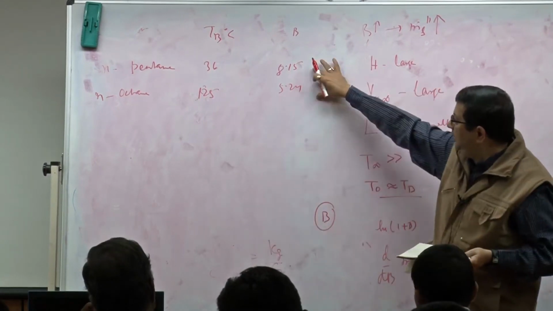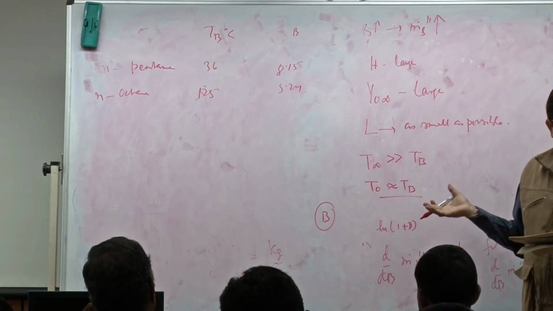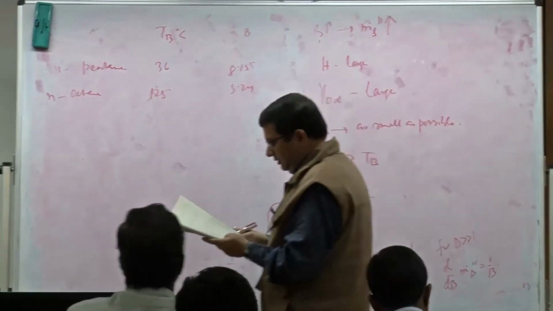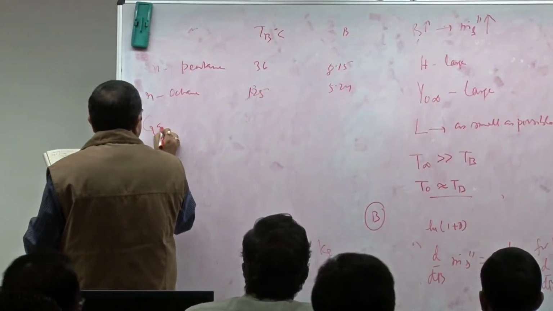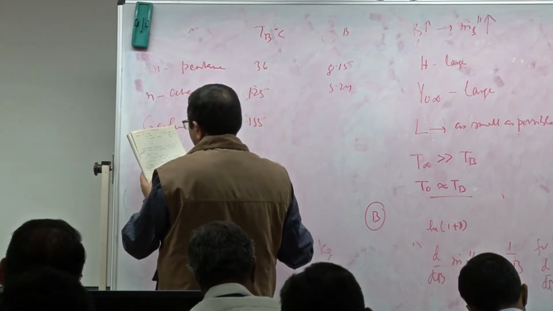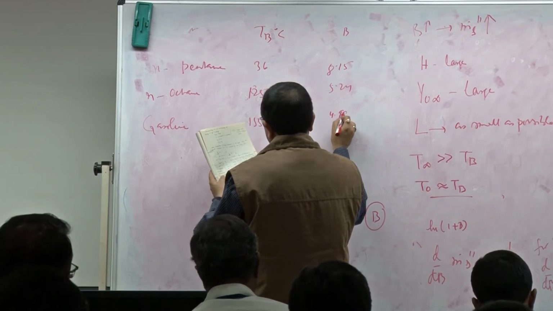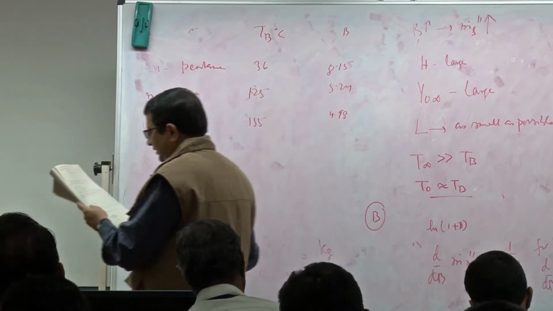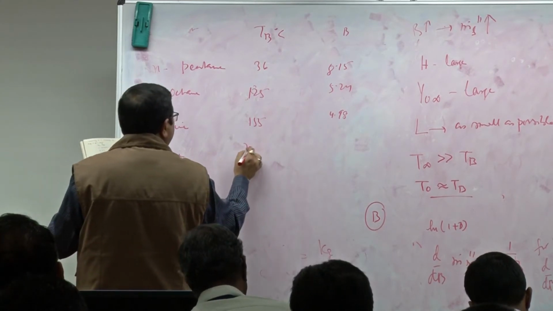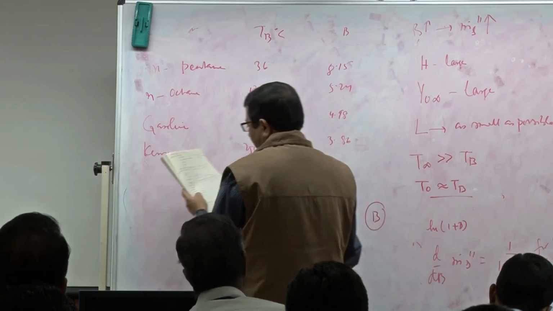So, you see that this variation in B will have very minimal impact on m dot s, because it is ln of 1 plus B. So, it will have very small impact on m dot s. You go to gasoline, boiling temperature is 155, but B is 4.98. Kerosene 250, this is 3.86.